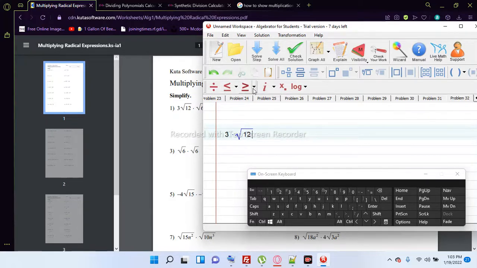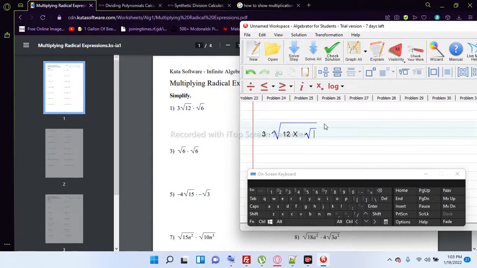Multiplication. We're gonna just do the x. 12x radical sign, and now it's going over. So it's the shift x or something. Backspace. We're gonna have to figure out what it is going over top of it. So it's 3 radical sign.